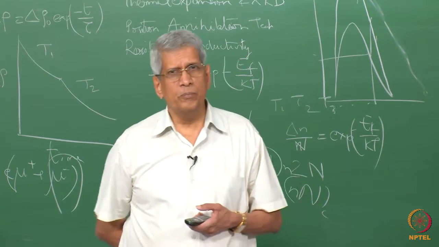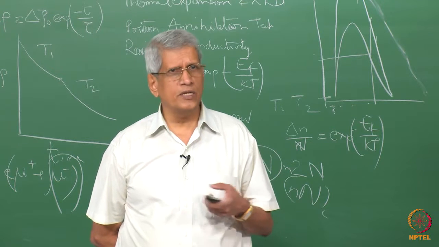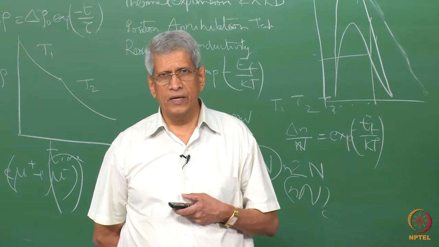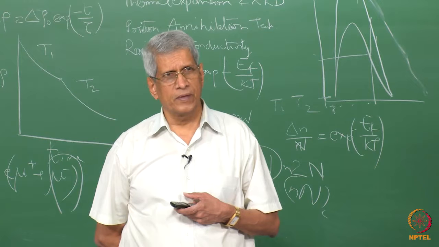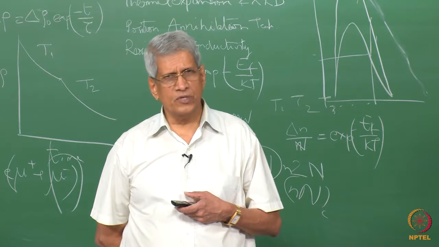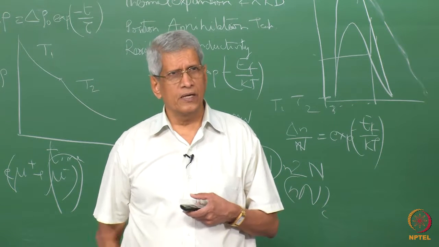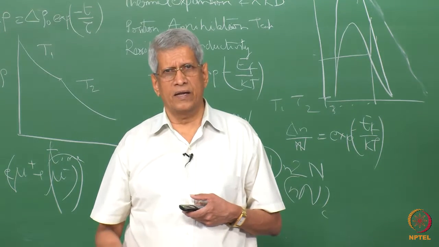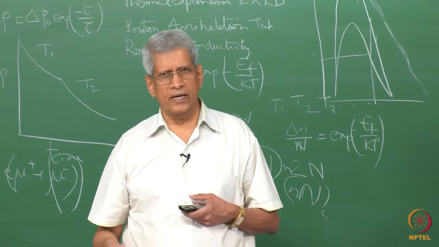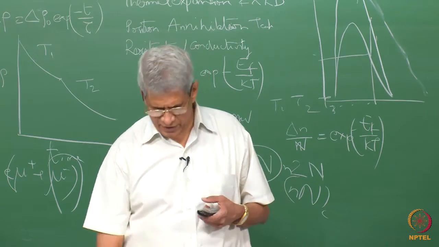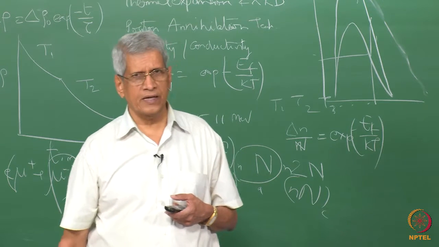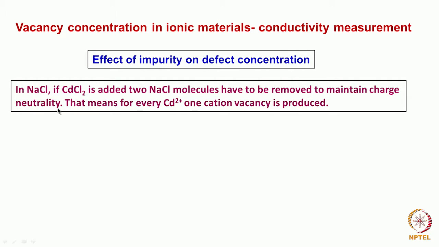If you look at the impurity concentration, because no material is pure, some impurity will be present. The impurity in most of these ionic materials could be another ion which has been added and has a different valence state. Let us consider an example: cadmium chloride is added to sodium chloride, or it could be calcium chloride.